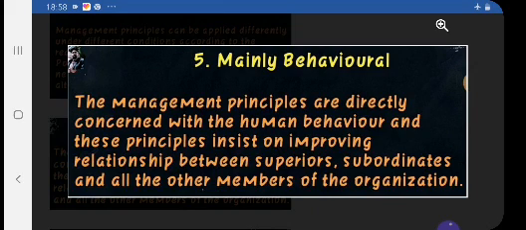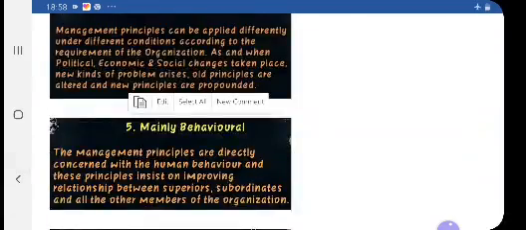Means what should be the relation with the superior, where superior refers to the boss, subordinates means followers, and the other members. With human behaviors, what will be the reactions? So that is why it is not rigid, it is flexible. And the outcome also cannot be determined, as we have already discussed that management is an inexact science, because the individual reactions we cannot determine in advance.